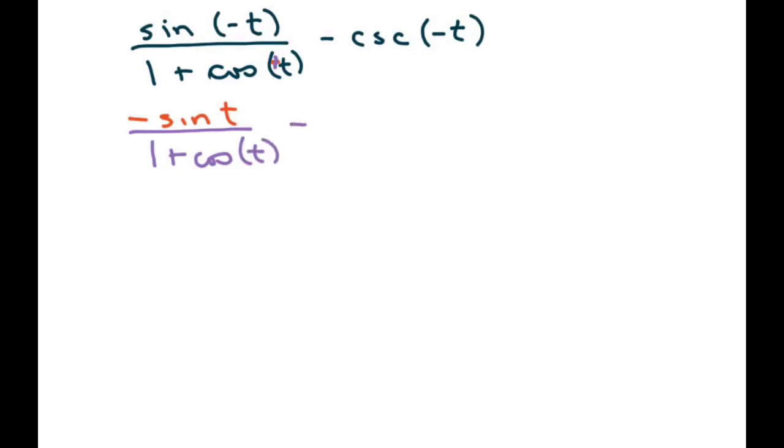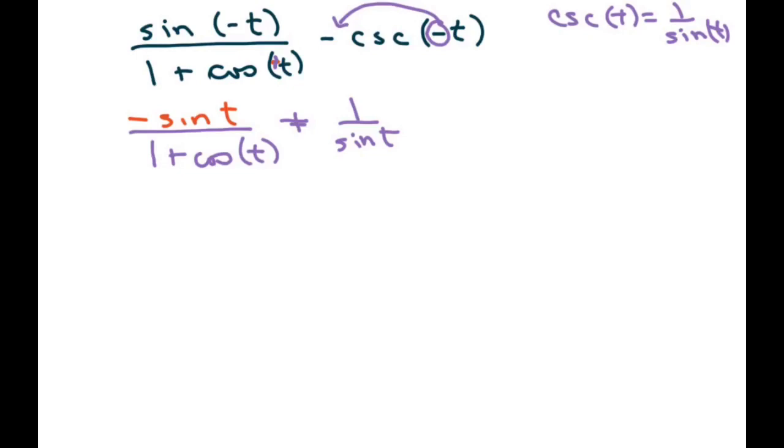Now, cosecant is odd, so I can pull that negative out, and that's going to change that negative to a positive. Also know that cosecant of t equals 1 over sine of t. So I'm going to go ahead and write that to save room. This will be 1 over sine of t.